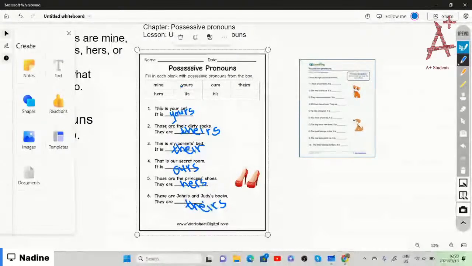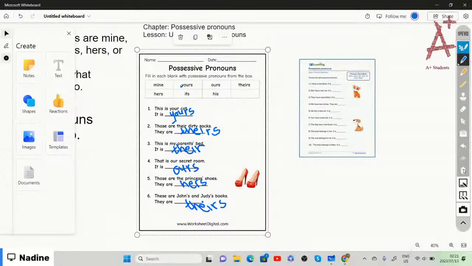And we say that possessive pronouns show ownership, and that it is something that belongs to someone. If it's not mine, then it is yours, or it can be ours, or it can be theirs. It can either be hers, his, or its.